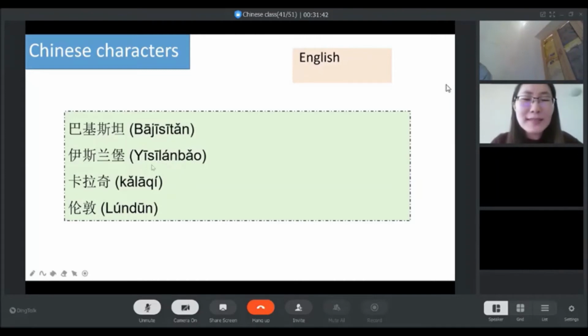We call it 伊斯兰堡. And next one, 卡拉奇. Karachi. Yes, Karachi, the biggest city in Pakistan. And next one, London. Yes, London.